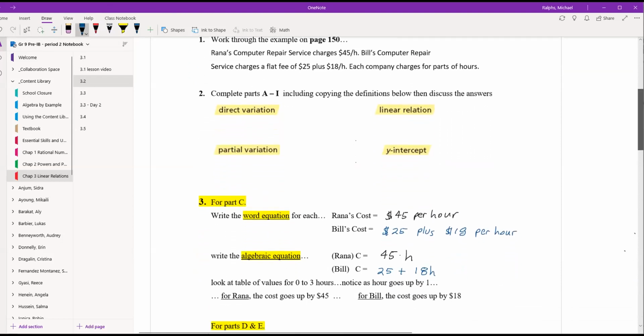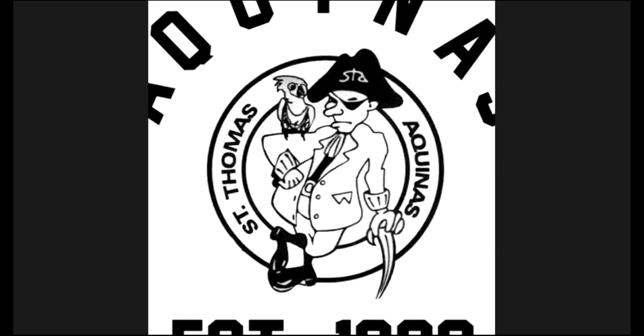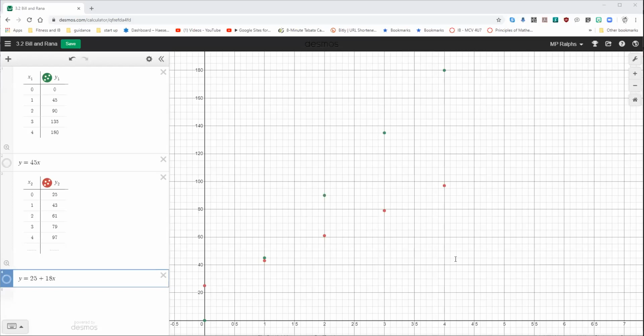Okay, so we have these equations. I'm now going to come back over to the graph and look at the equations. We already noticed on the other page that we had C equals 45H. If we change the C to Y, because the cost is in the vertical, the dependent axis, and the number of hours is in the horizontal, the independent axis, which is also the X, the equation would be Y equals 45X instead of C equals 45H.